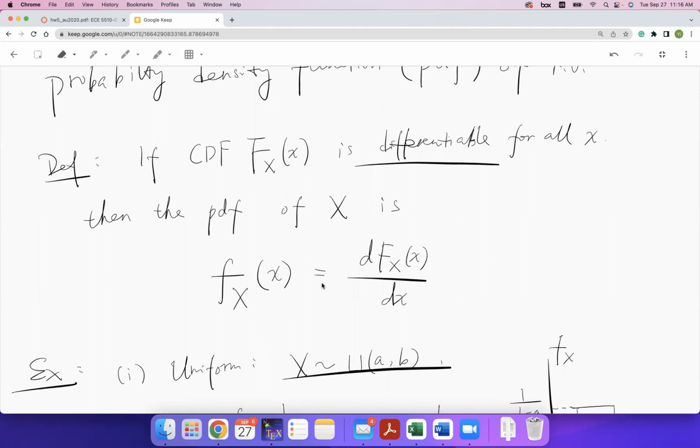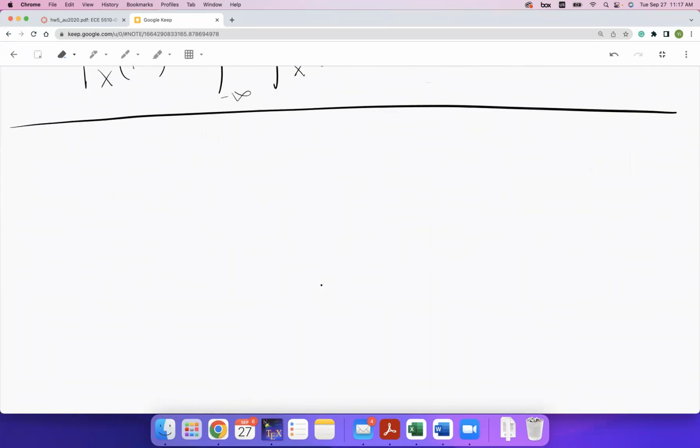The CDF is not continuous at many points, so there the function is not differentiable. In that case, can we define the PDF in an appropriate way? We need some special treatment to address these non-differentiabilities. So let's look at how we can define the PDF of non-differentiable CDFs.